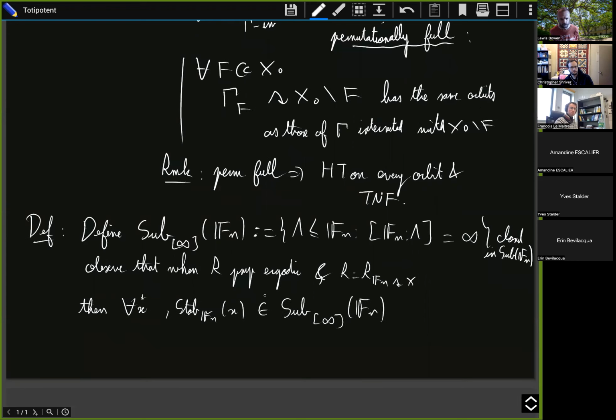It belongs to this closed set just because the orbits are infinite.